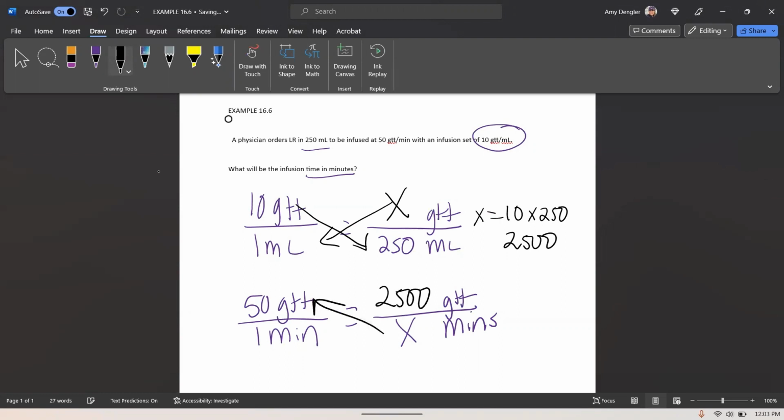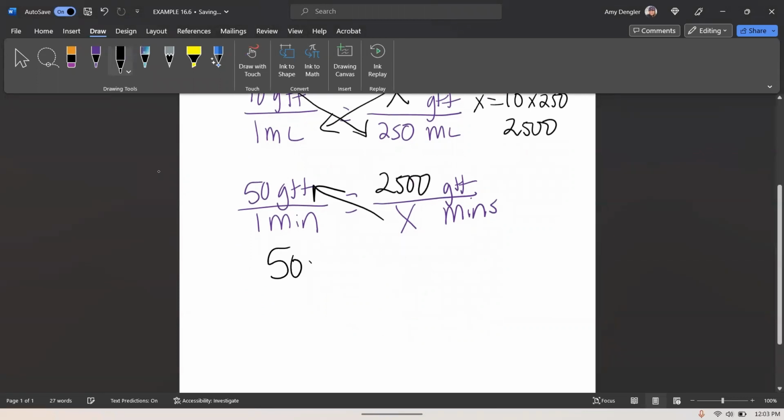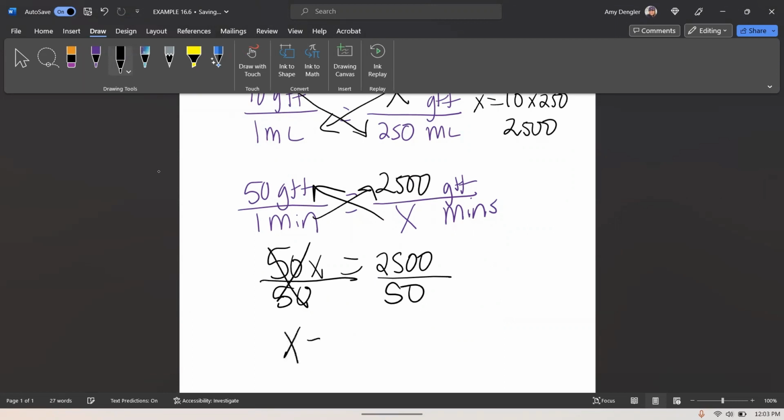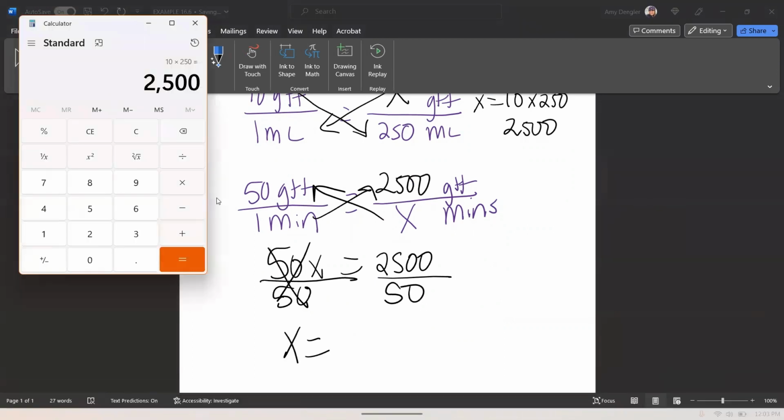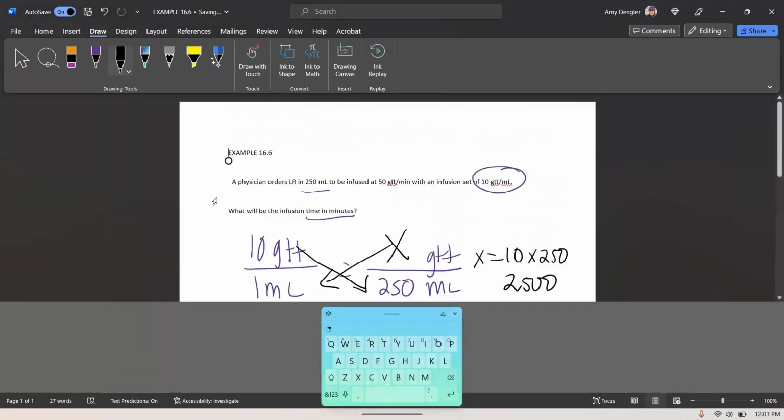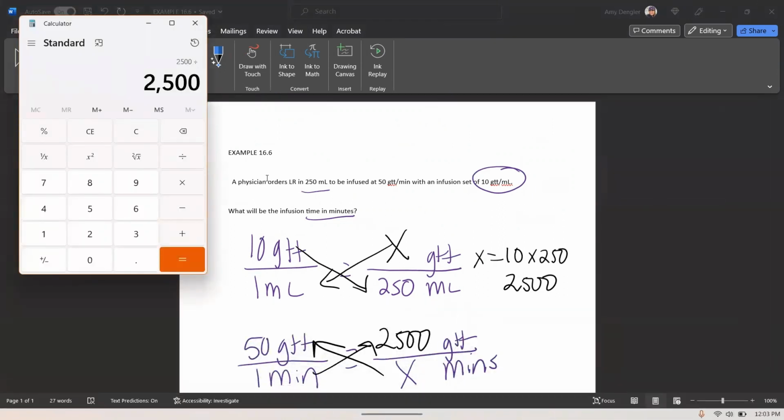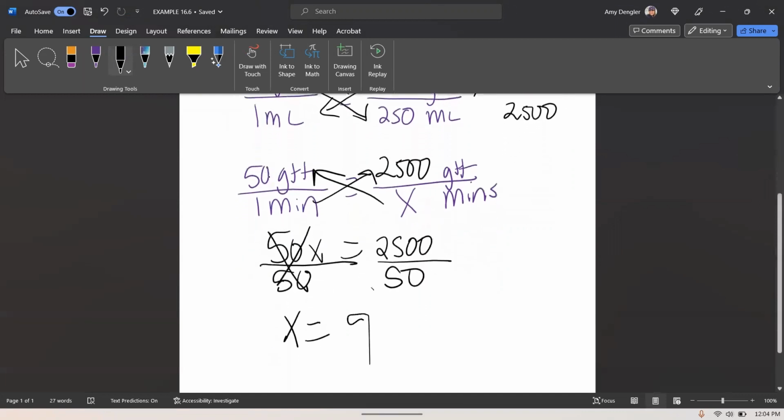Then I have 50x is equal to 1 times 2,500, which is just 2,500. I want to get x alone, so I'm going to divide each side by 50. So 2,500 divided by 50 is 50. So our answer is 50 minutes.